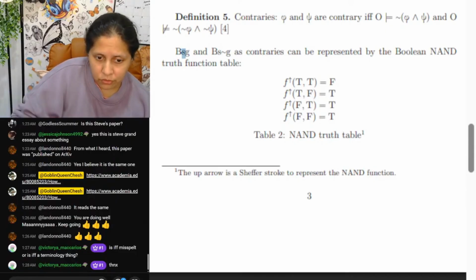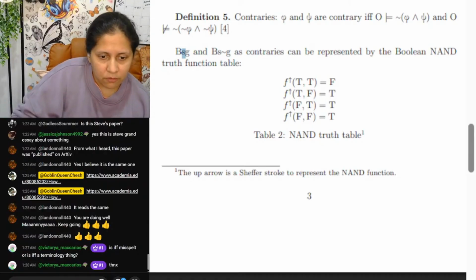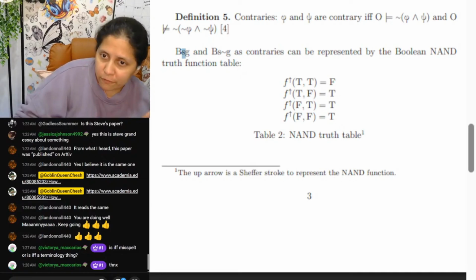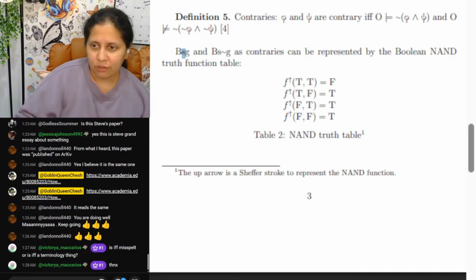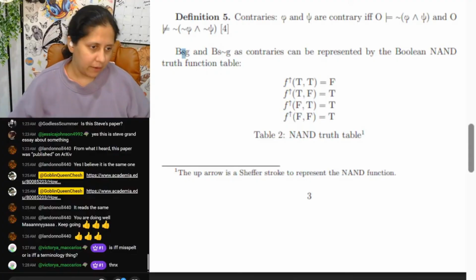If the first one is true, the second is false, it's allowed. If the first one is false, the second one is true, it's allowed. If both are false, then allowed. If either one of them is false, it's still true. But if both of them are true, that's false. So he's trying to use the NAND logic table here.